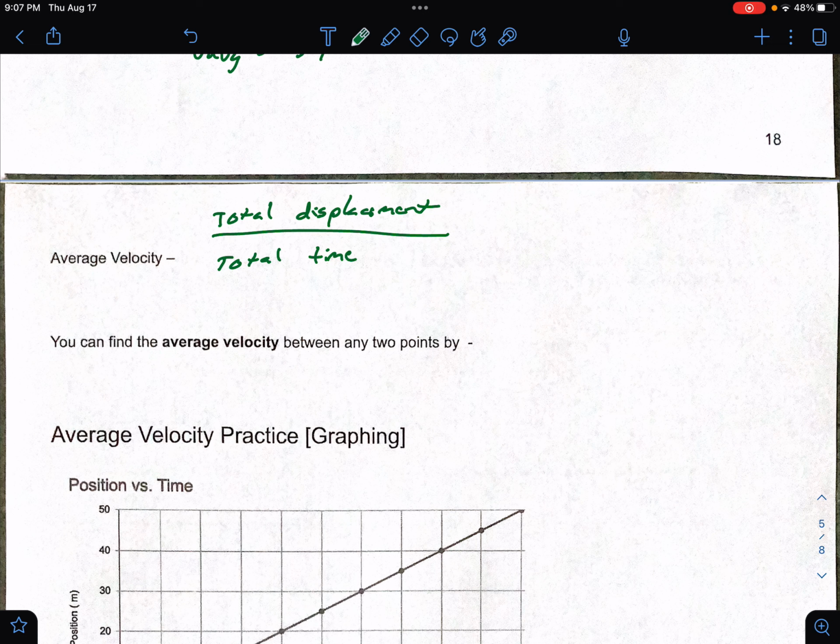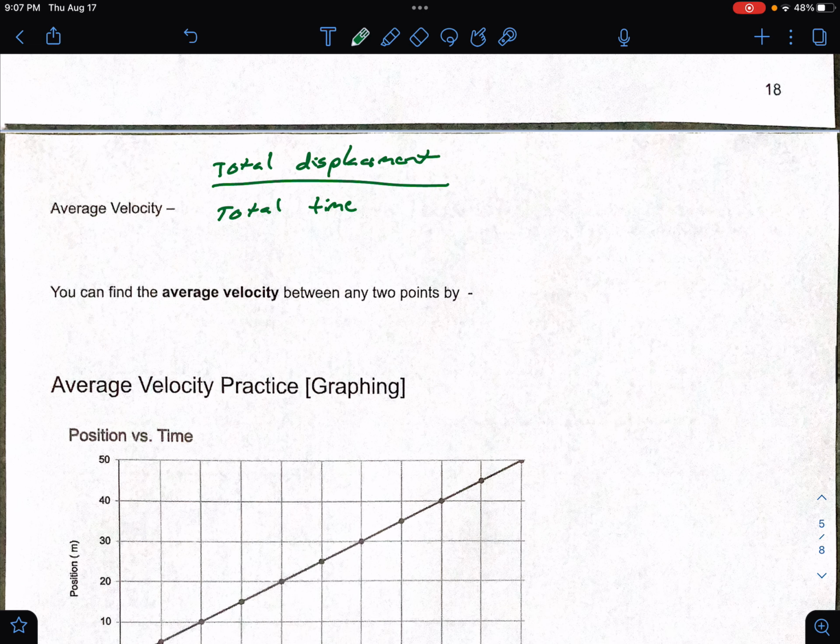If I want to find the average velocity between any 2 points on a graph, number one, I connect the 2 points by a straight line. Once I have those 2 points connected, I find the slope of that line.